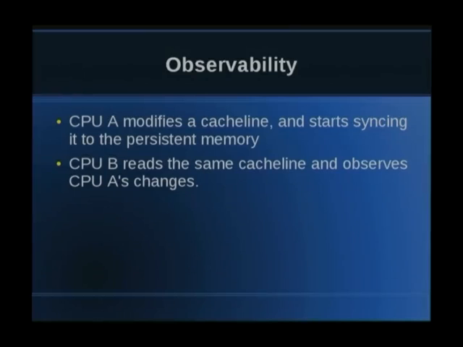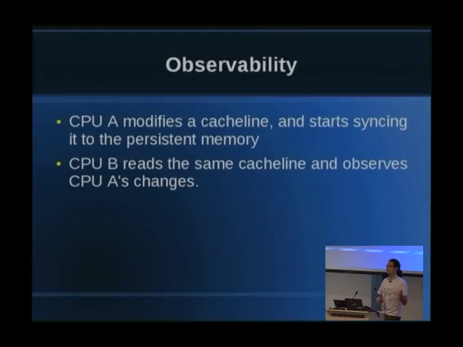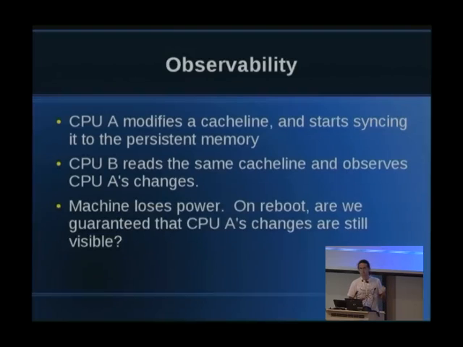CPU B does a read to that cache line, and CPU A hands the ownership of the cache line over to CPU B. So it's observed CPU A's changes. Now the machine loses power. Someone tripped over the power cable again. On reboot, are we guaranteed that CPU A's changes are still visible after the reboot? CPU B got to see them. CPU B may have done something based on that.